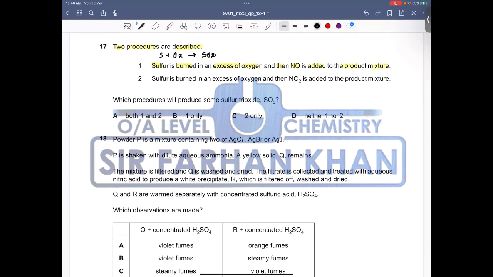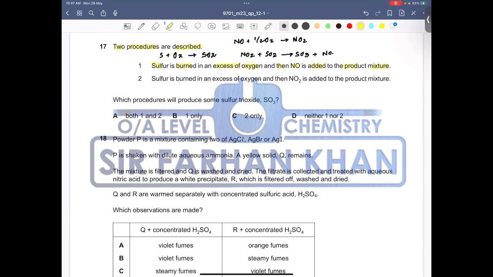In the atmosphere, NO reacts with oxygen to give nitrogen dioxide. Now, if I introduce nitrogen dioxide to the product mixture, which is sulfur dioxide, obviously NO2 oxidizes sulfur dioxide into sulfur trioxide and reduces itself. So this reaction takes place in the atmosphere.